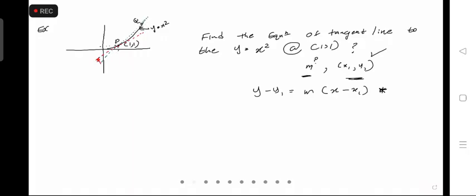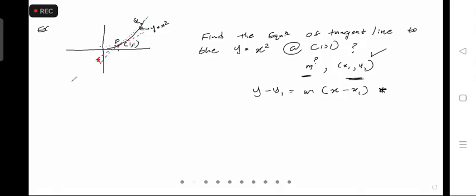Then using limits, you bring this Q point very, very near to the P point. After that, you can find the gradient of that line, and using that gradient, we can express the equation for the tangent line. That's what you have to do.